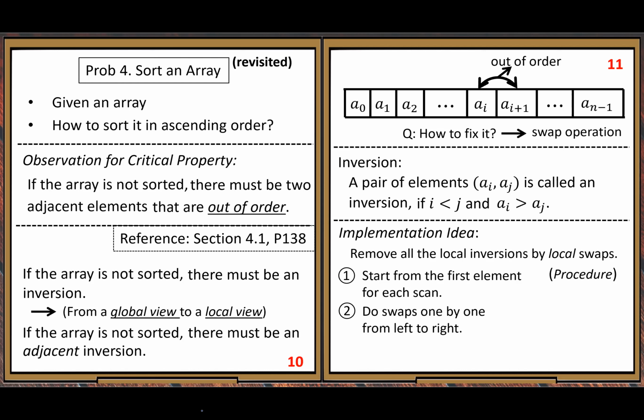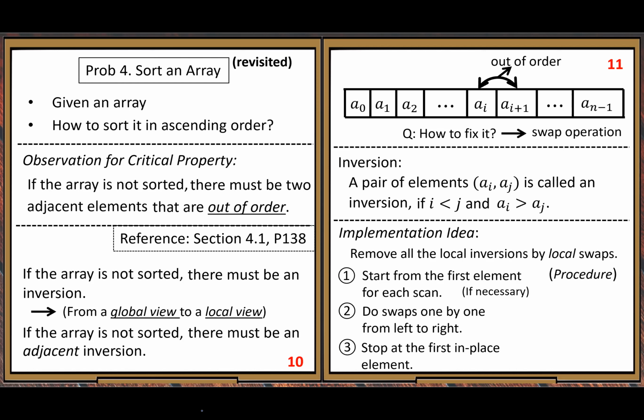Step 2, do swaps one by one from left to right when necessary. Sometimes we do not need to, if those two elements are already in order, so we move to the next two adjacent elements and so on.